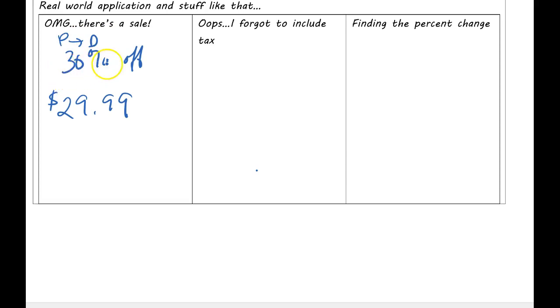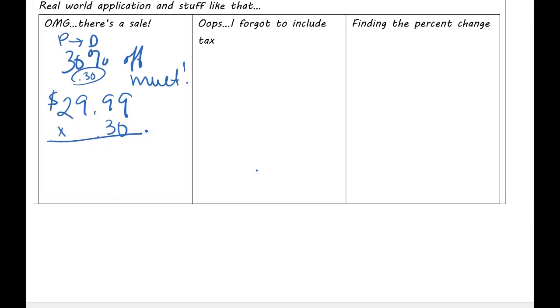So 30% off would be 0.3, that would be the decimal. And then you're going to take that 0.30 or 0.3, and that's what you're going to multiply by the number down here. So first you turn it into a decimal, and then you need to multiply these 2 numbers.